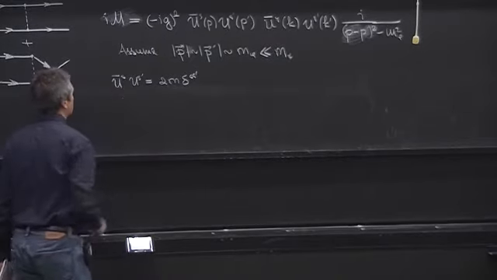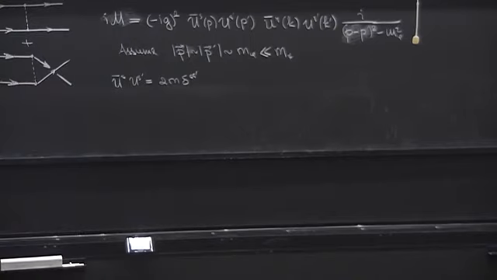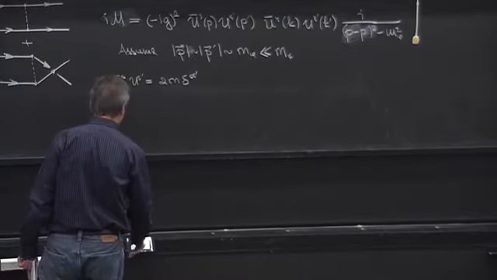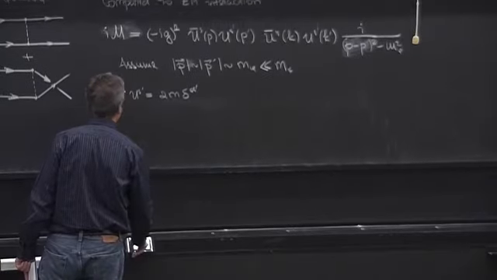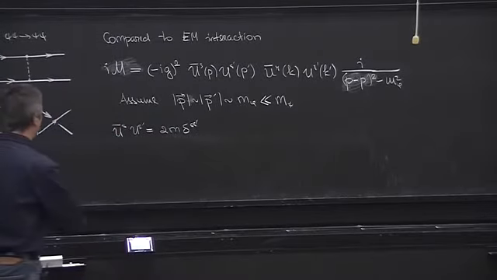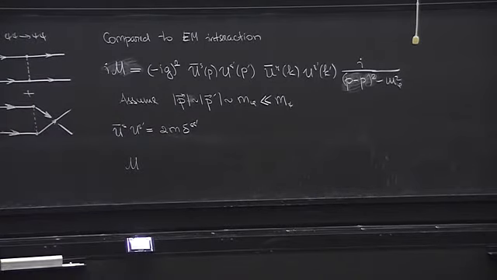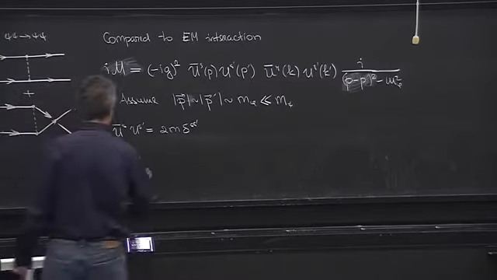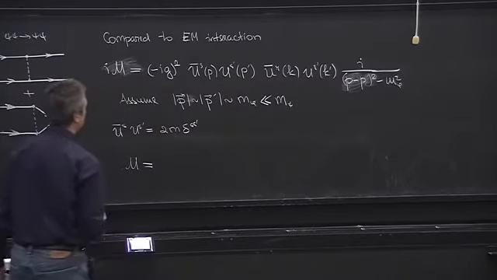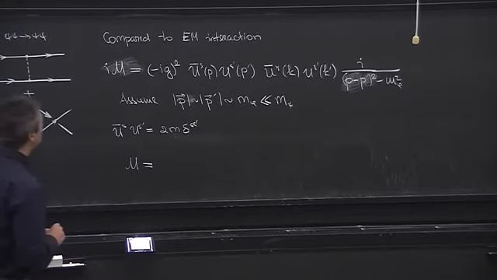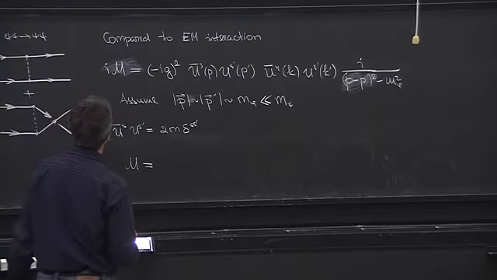We computed this matrix element once, and there is no difference here. So at the end, what we will get for the amplitude is the same as in QED, but the difference will be that there will be some mass dependence in the denominator.